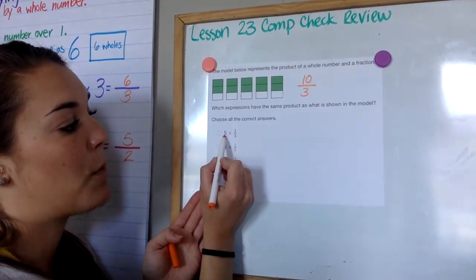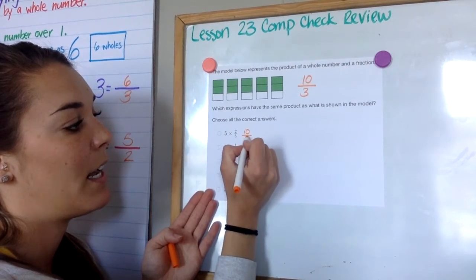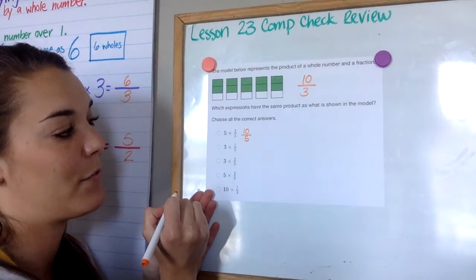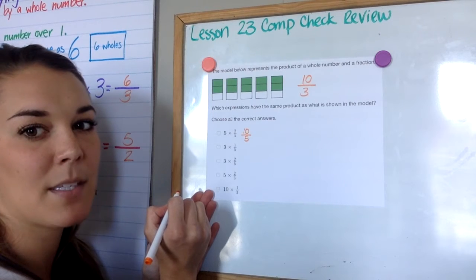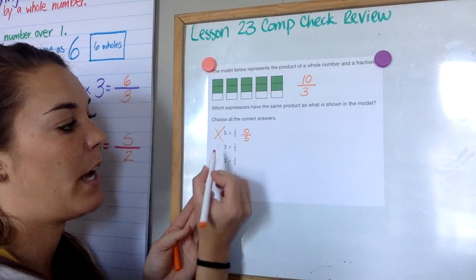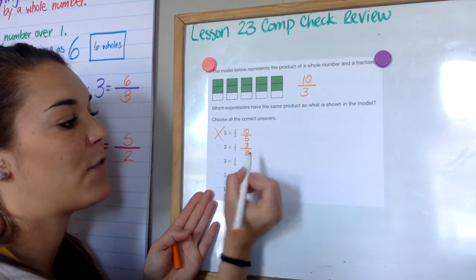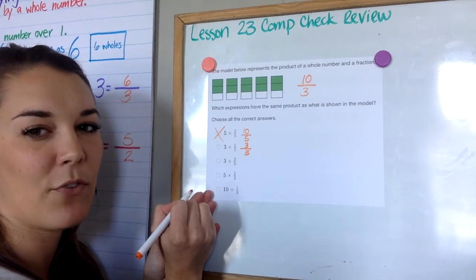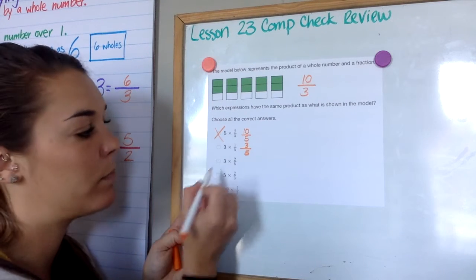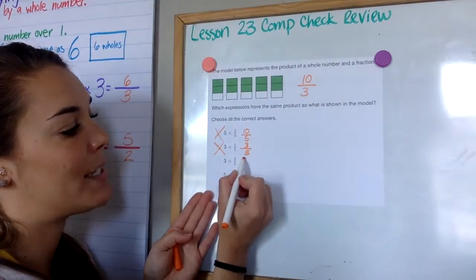So I'm going to multiply the whole number times the numerator. 5 times 2 is 10, and I keep my denominator, which is 5. Is 10/5 the same as 10/3? No, wrong. Okay, 3 times 1 is 3. My denominator stays the same as 5. That equals 3/5. Nope. Wrong. 3 times 2 is 6.